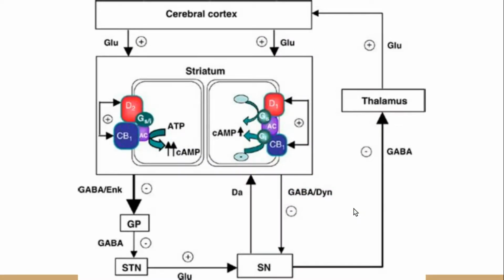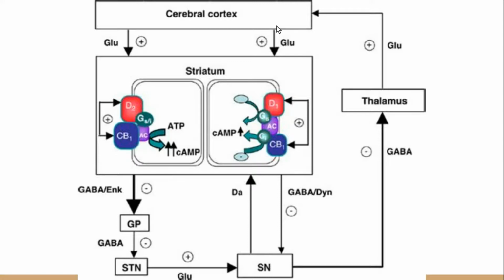In this slide, we're going to examine some of the circuitry of the striatum. So the primary input into the striatum is the cerebral cortex, mostly from pyramidal neurons from just about each neocortical layer, which we're going to discuss next. So these corticostriatal afferents are glutamatergic, meaning they're excitatory projections that activate medium spiny neurons.